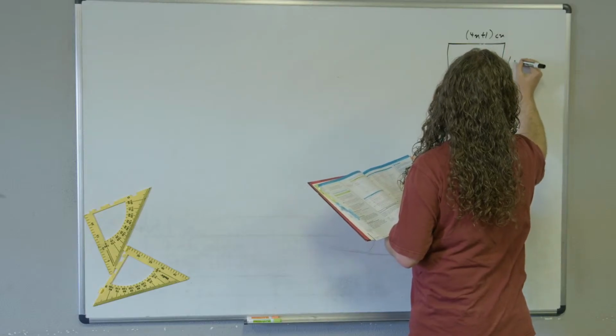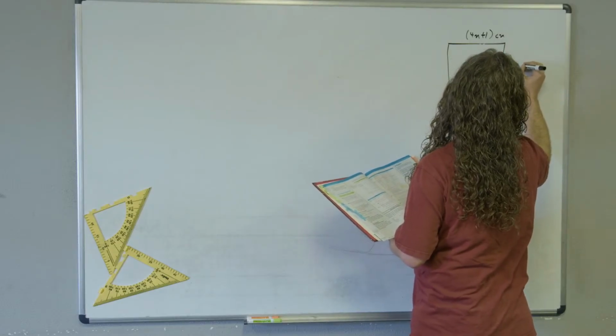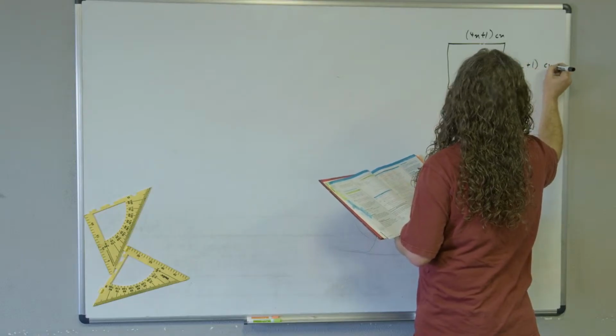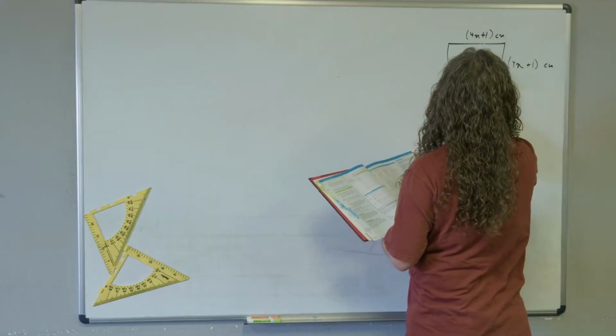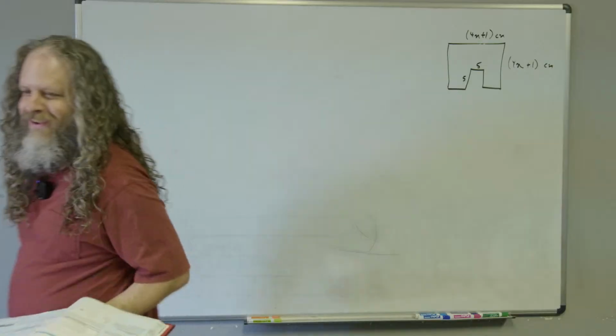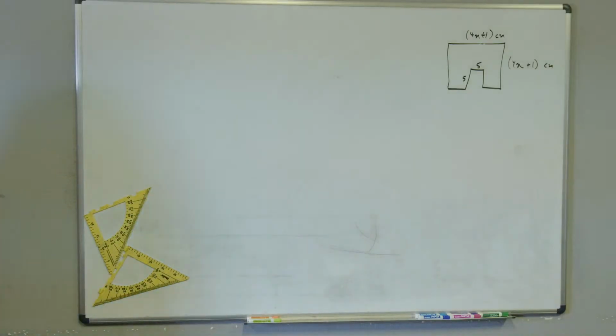And this side is 4n plus 1 centimeters, because that's how squares work, right? This square is a 5 by 5 square. We'll assume centimeters. They don't tell us. This would be one of those examples where they don't technically give us enough information, because who knows what units that is. But we're going to guess that what they meant was centimeters.